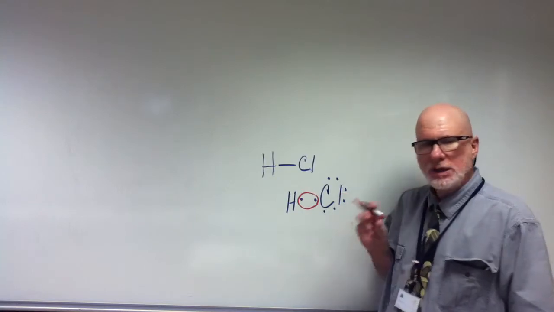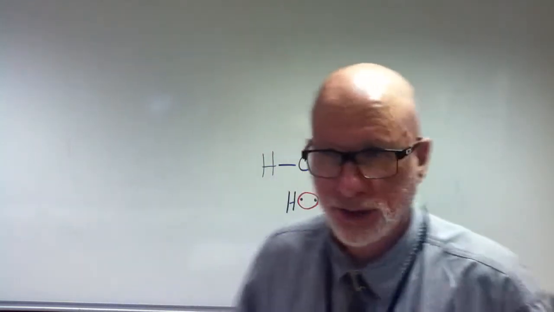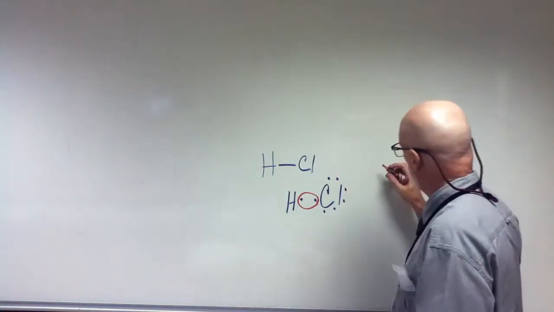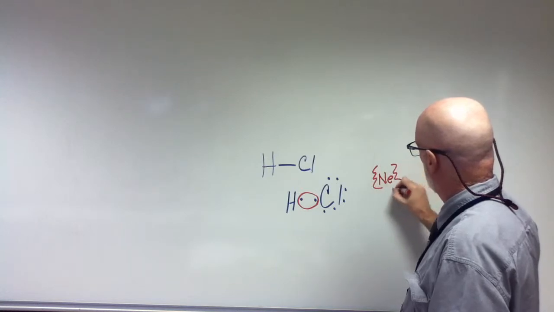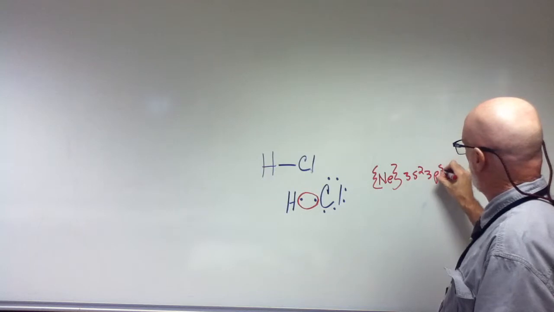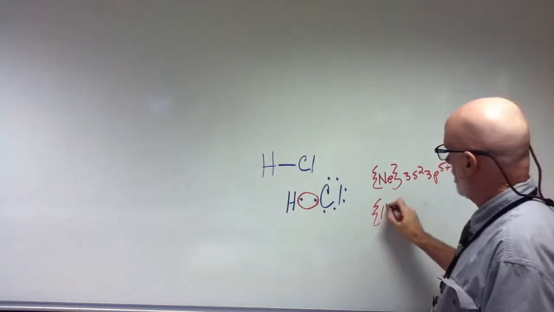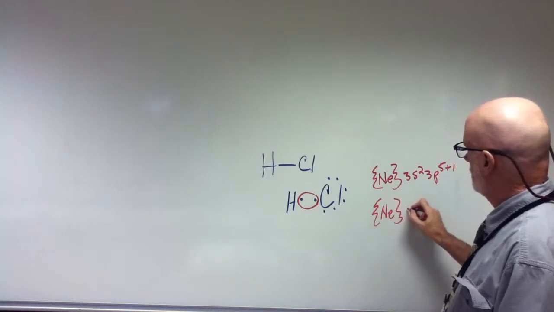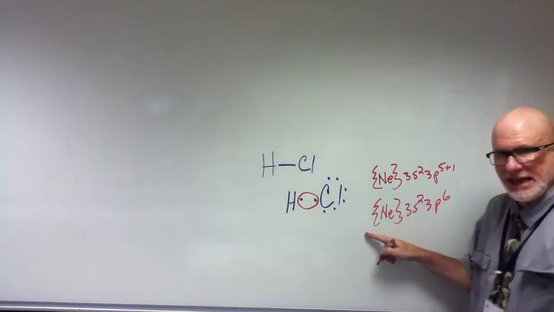So we know that in order for chlorine to be stable, according to the noble gas configuration of argon, let's write that down. Neon, 3s2, 3p5 plus 1 will make neon, 3s2, 3p6. So it's gaining an electron.